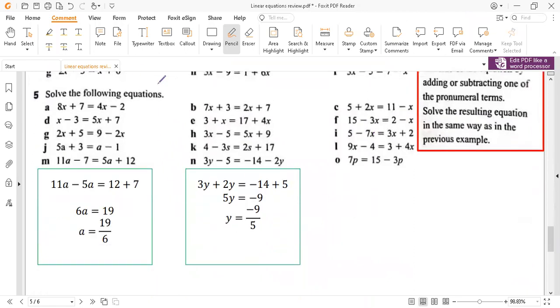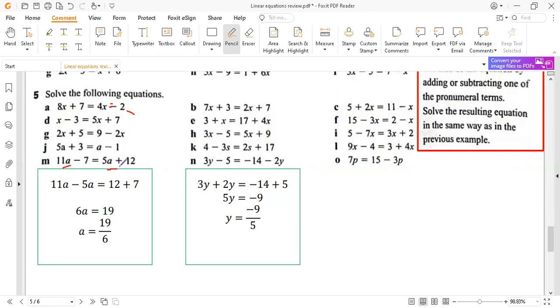If they give us any form of linear equation, it is very easy to solve. For example, here we have the variable a on both sides.